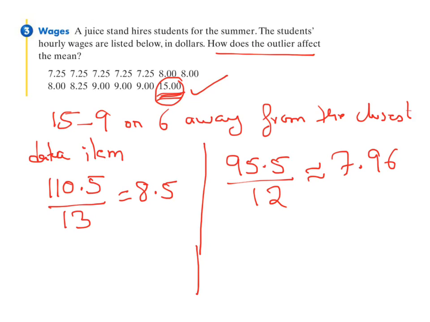You look at the difference. With the outlier 15, the mean is 8.5. Without the outlier 15, the mean is 7.96.